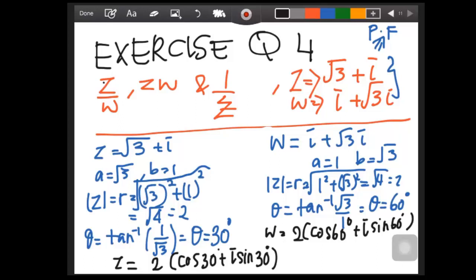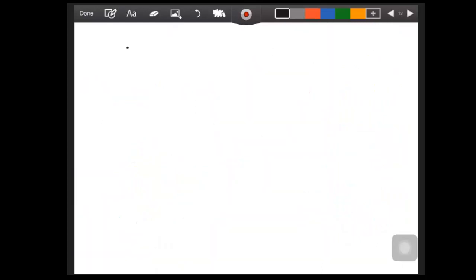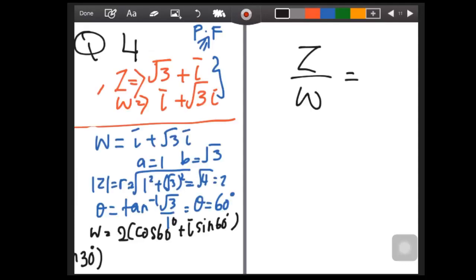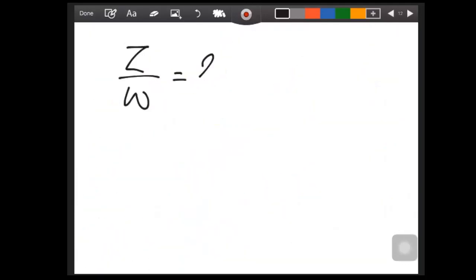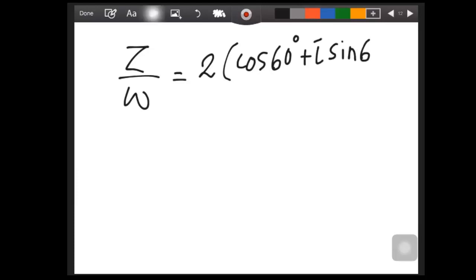Okay, so Z per W. So Z per W adalah, so kita ada 2 cos 60 i sin 60. 30, sorry. 30.